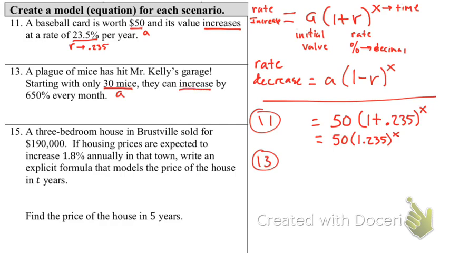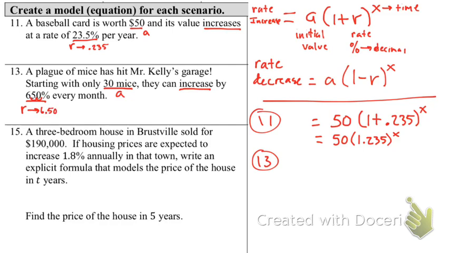So it's an increase, and we're doing this 650% a month. This is my R. Okay, but we have to convert it. So our decimal is after the 0, move to the left twice. Once, twice.